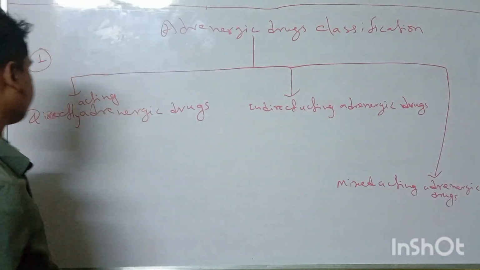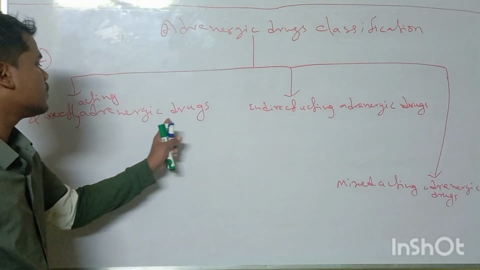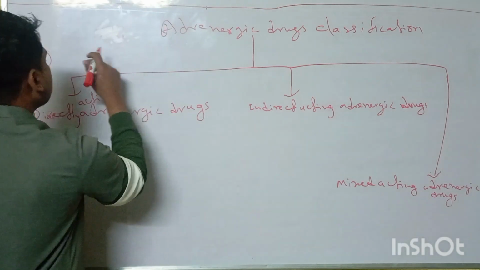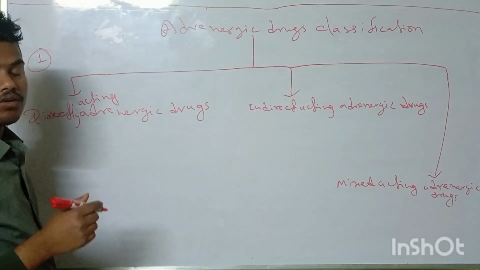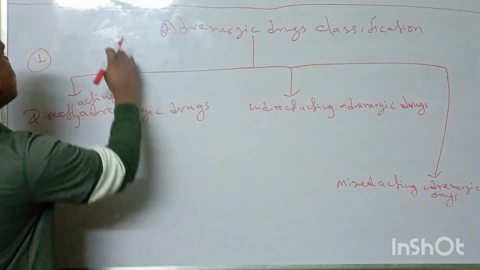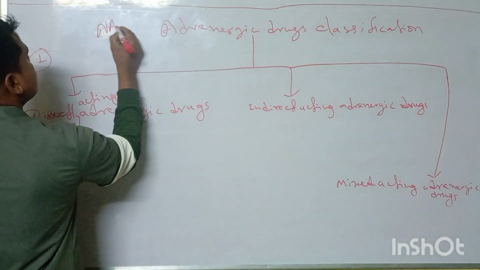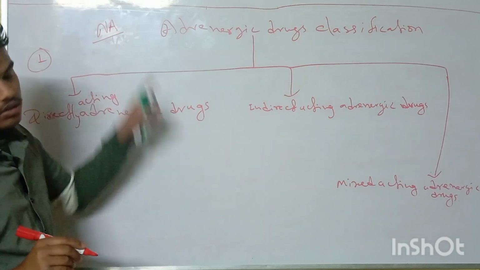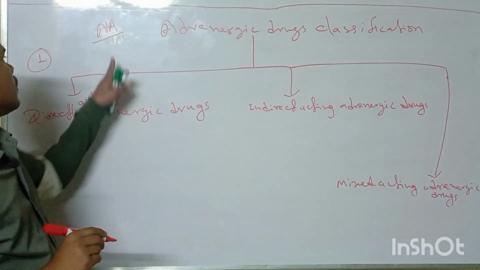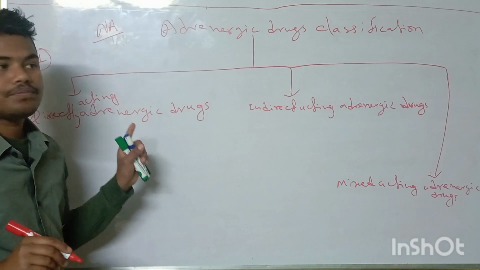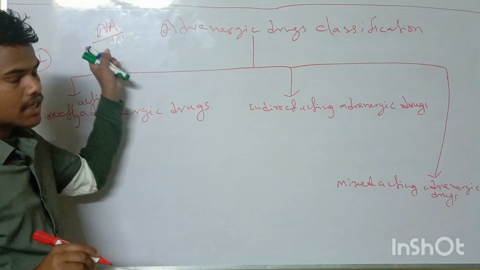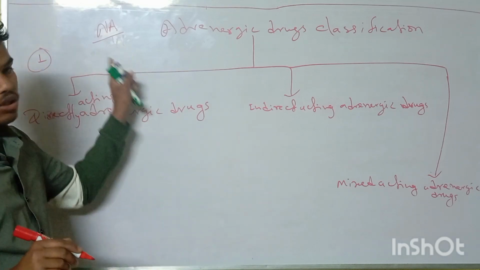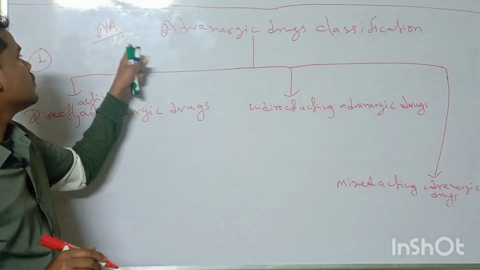Let's see. For directly acting adrenergic drugs, we know the neurotransmitter at postganglionic sympathetic fibers is chiefly noradrenaline, and we also know that when the sympathetic nervous system gets activated, the adrenal medulla releases both adrenaline and noradrenaline into the general circulation.